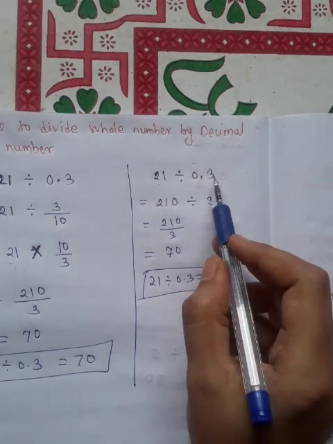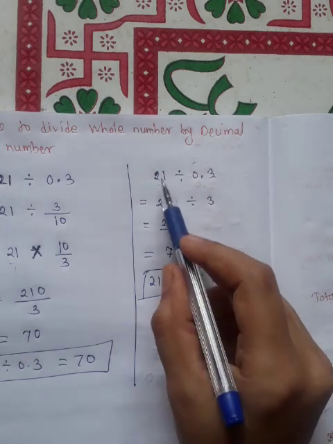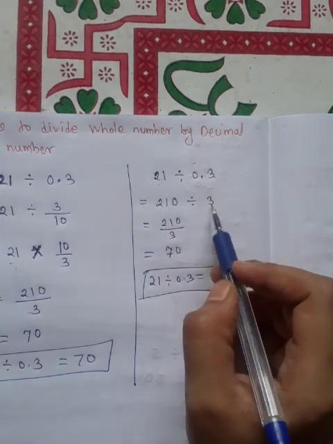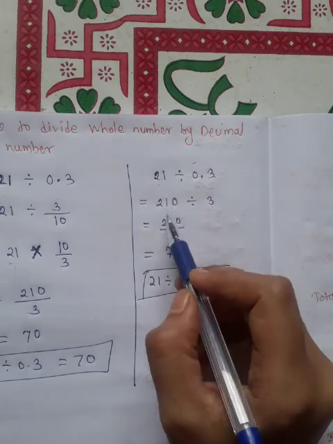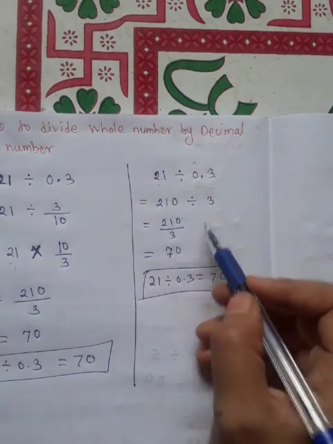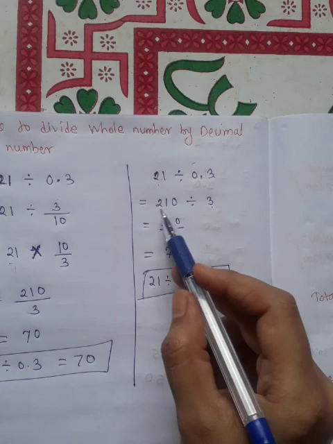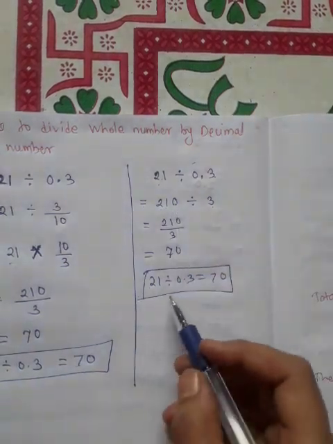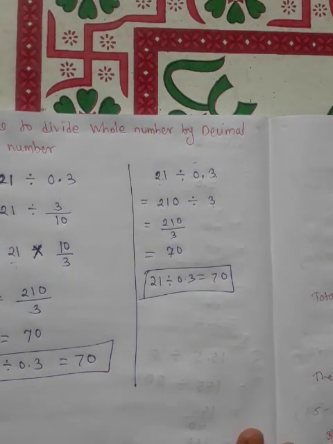There is one digit after the decimal point, so put one 0 in the dividend and remove the decimal point, and just divide. So 210 divided by 3 is 21 by 3 is 7, and 0 as it is. So you can easily get the answer.